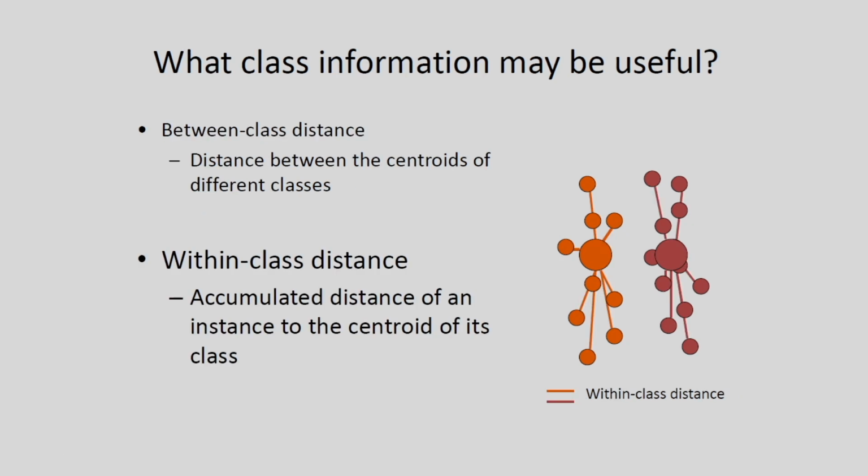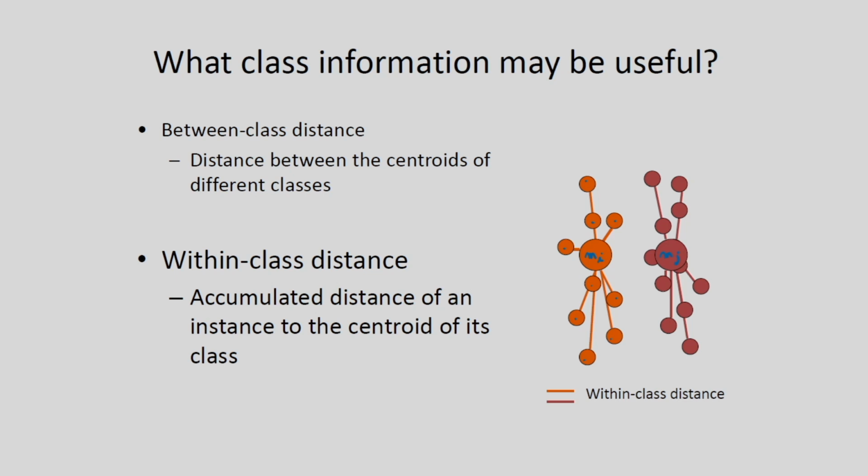After this, I am considering another piece of information, and that is the within class distance. It is the accumulated distance of an instance to the centroid of its class. If this is the centroid Mi and Mj, you can see I am considering the sample points corresponding to the centroid Mi. This within class distance should be minimum.